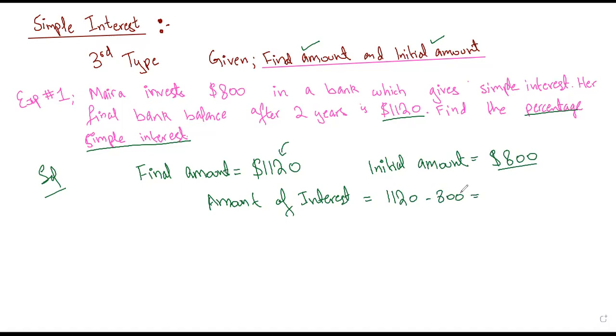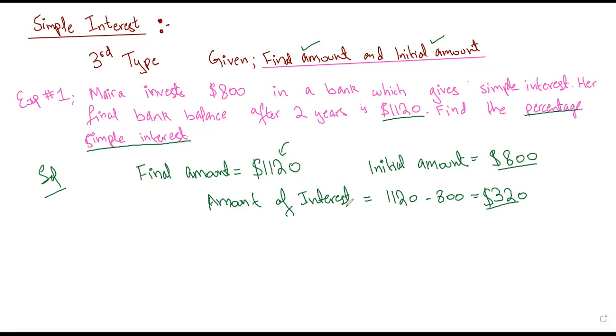Because this is the additional amount other than her initial amount. So this is $320. Any questions so far? No, ma'am. Okay, perfect.